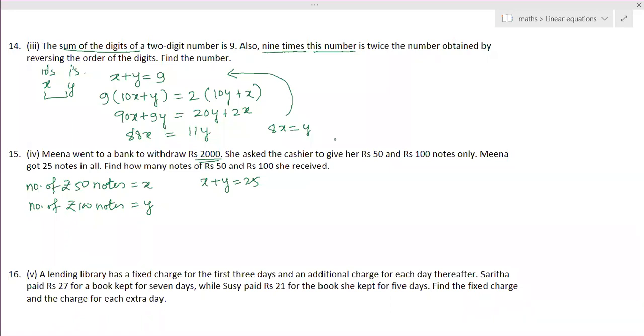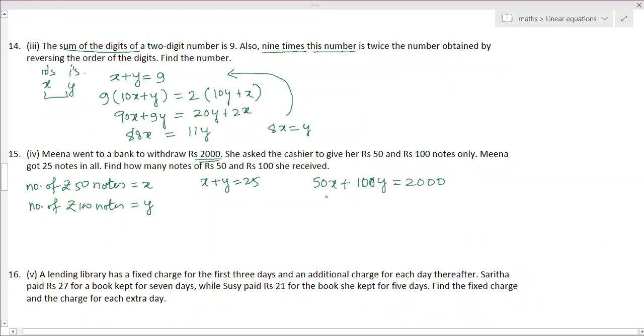It will be 100 rupees. Like 10 notes? 10 notes would be 500. 20 notes would be 50 into 20. So if there are x notes, then 50x plus 100y is equal to 2000.